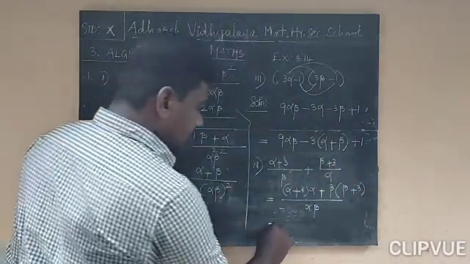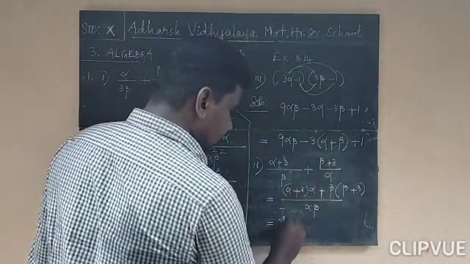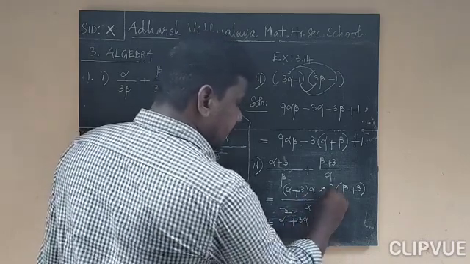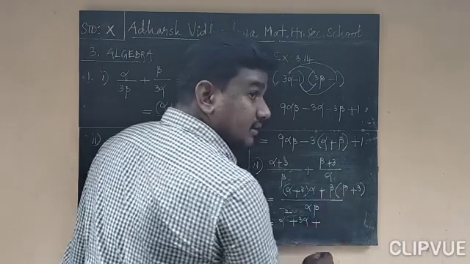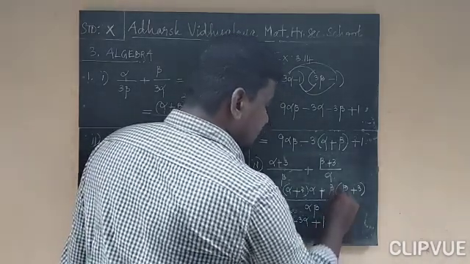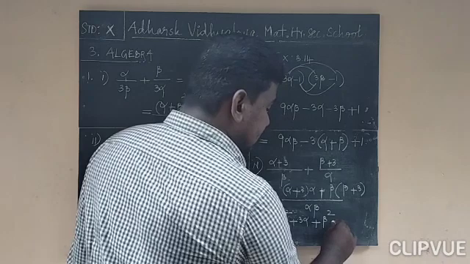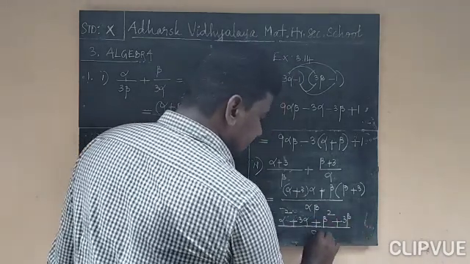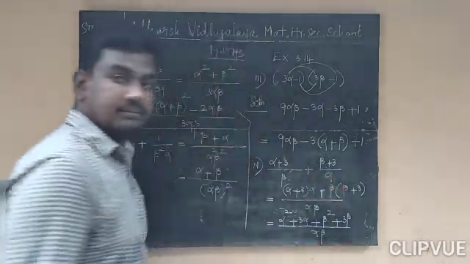Understand? Now multiply them. Alpha into alpha, alpha square plus 3 alpha. Here beta into beta, beta square, beta into 3 beta by alpha beta.